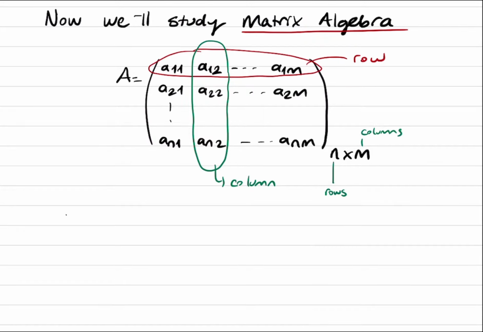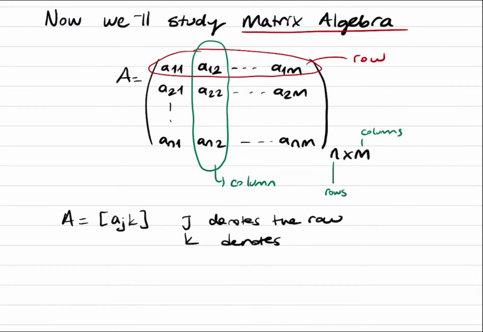Sometimes we can write it in short as ajk, where j denotes the row and k denotes the column of the matrix.